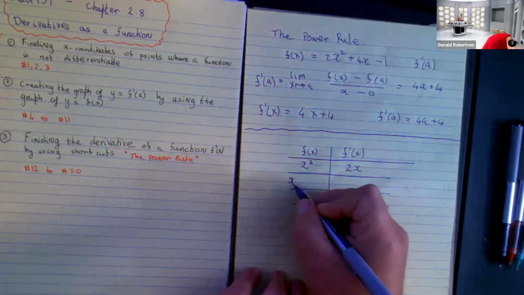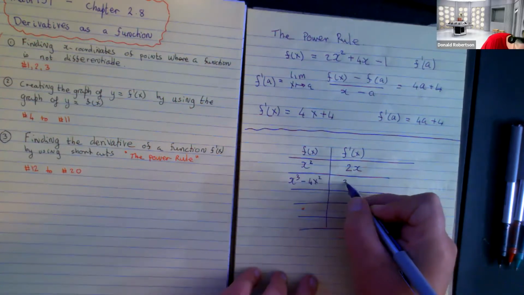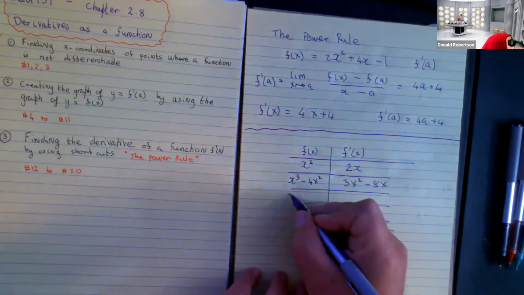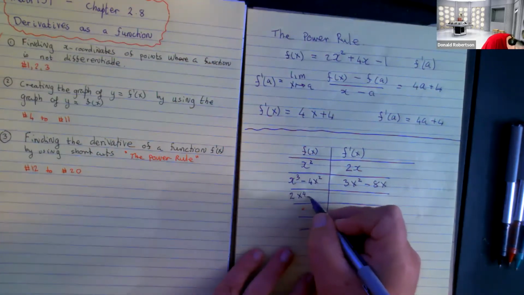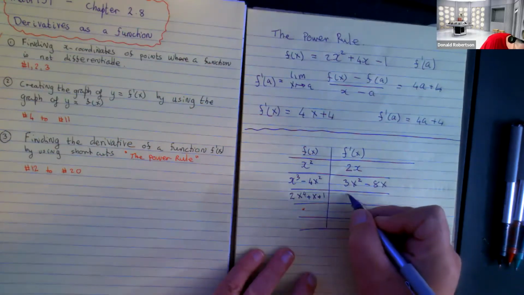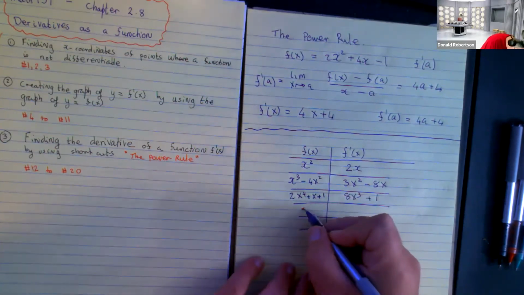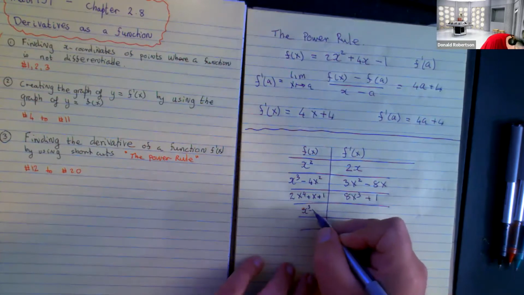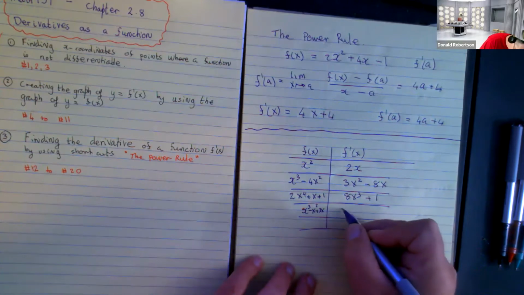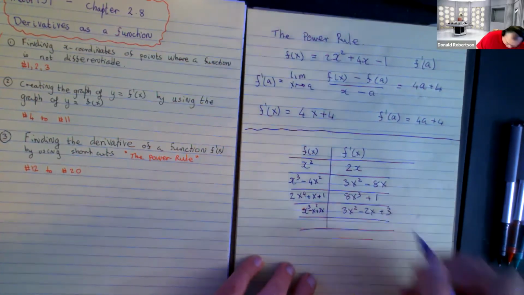If my function was x cubed, take away 4x squared, my answer would be 3x squared minus 8x. If my function was 2x to the 4 plus x plus 1, my answer would be 8x cubed plus 1. And if I had x cubed minus x squared plus 3x, it would be 3x squared, take away 2x, plus 3.